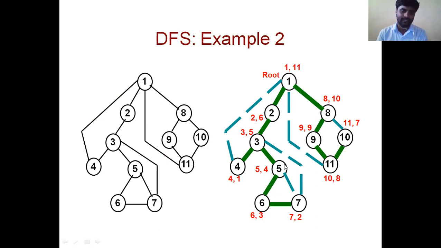Then here is only one node connecting. Here 4 nodes are connecting: 1, 2, 3, 4. At the same time 9 has 9 connections, 8 has 10 connections, 11 has 7 connections, and 10 has 8 connections. This is about the depth first search algorithm.